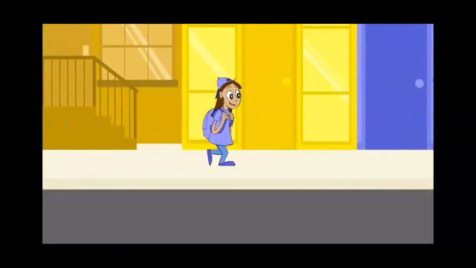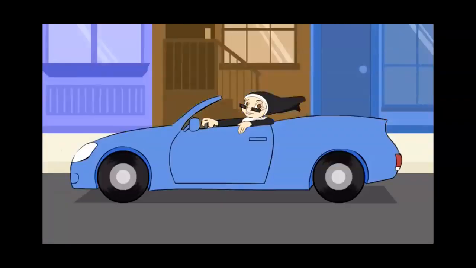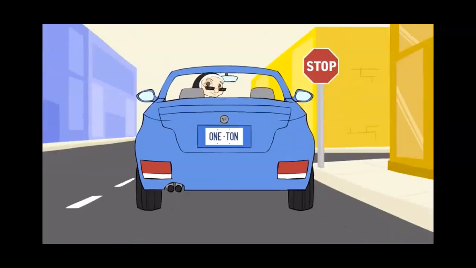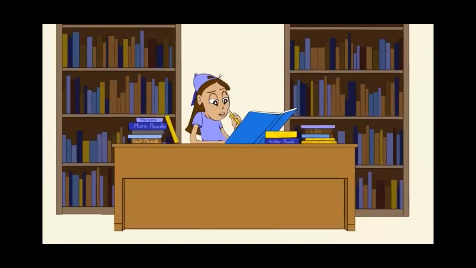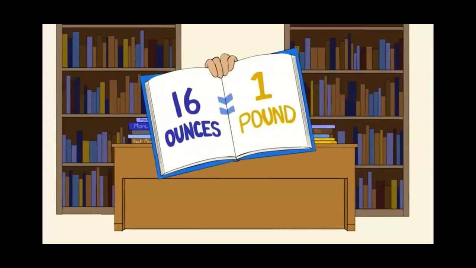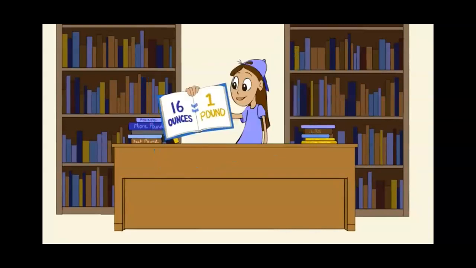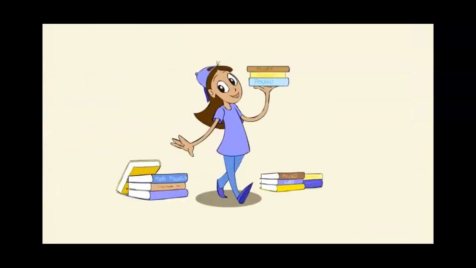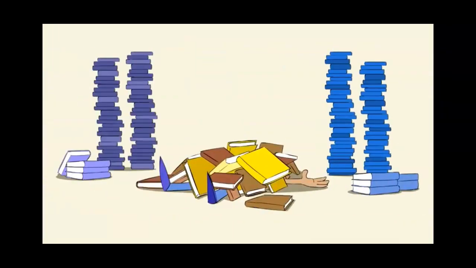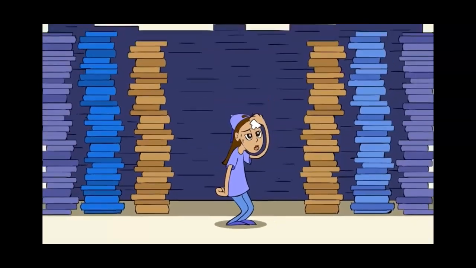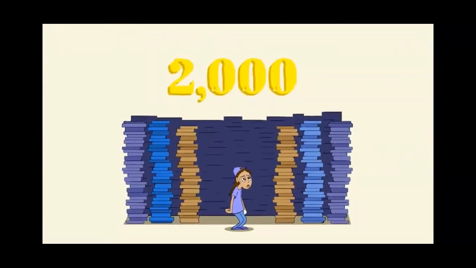Lots of things weigh about a ton, like a small car driven by a really hip nun. I looked up how many ounces were in a pound, and 16 ounces is what I found. Then I stacked up pounds till they weighed a ton, and it took 2,000 until I was done.